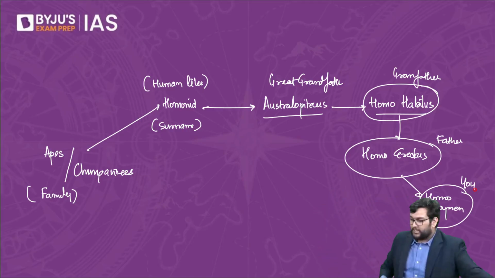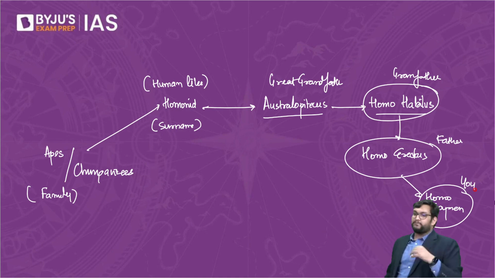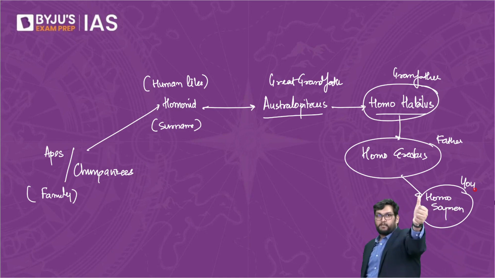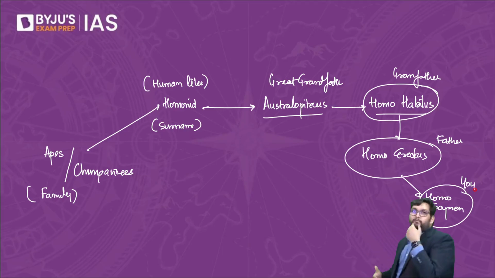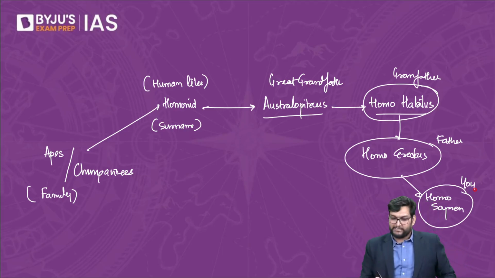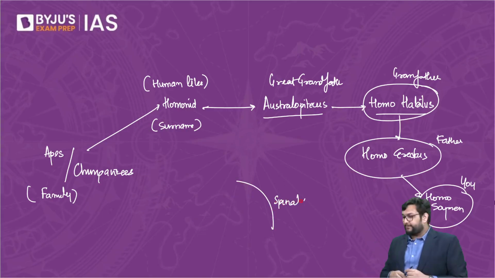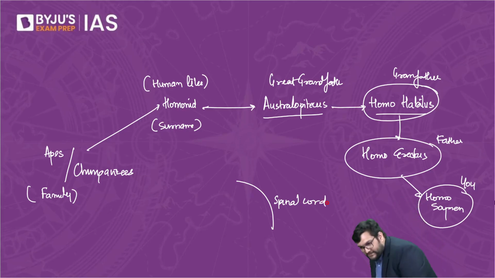Now, the problem with Homo habilis is that as much as he has a thumb, they used to have what is called a C-type spinal cord. C-type spinal cord means they used to be like this.